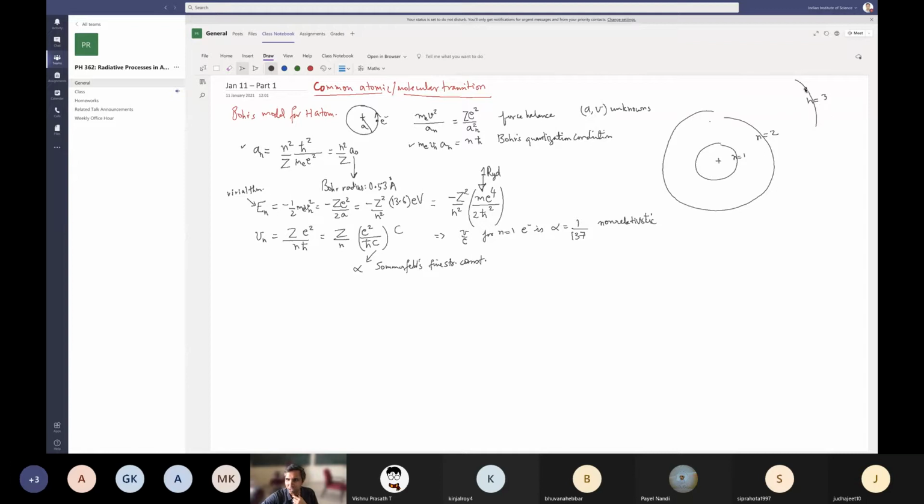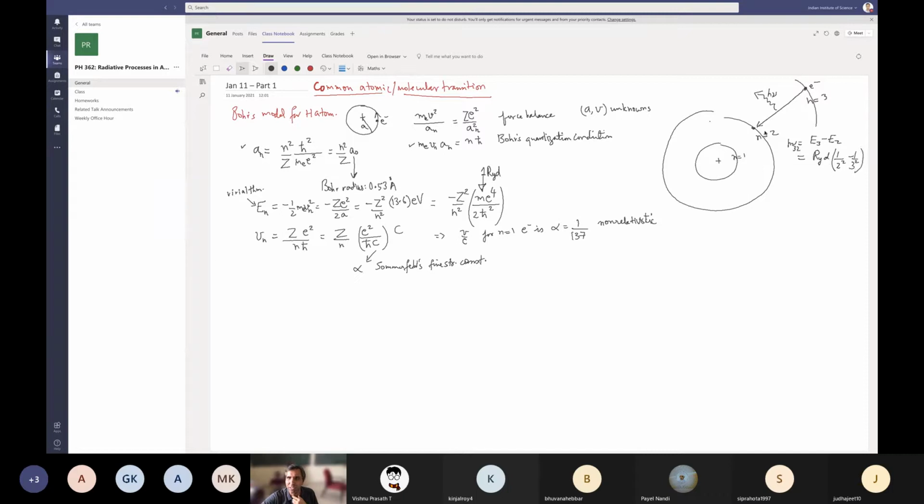You can have an electron going from n equal to 3 to n equal to 2, and it releases a photon h nu, and the energy of that photon is E3 minus E2, which is equal to Rydberg times (1 by 2 squared minus 1 by 3 squared). This is all well known to everyone.